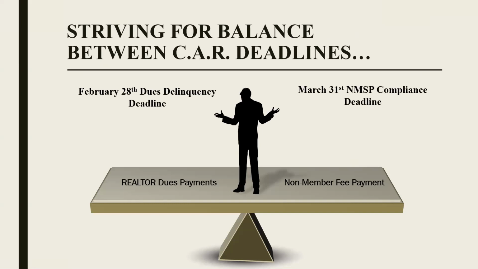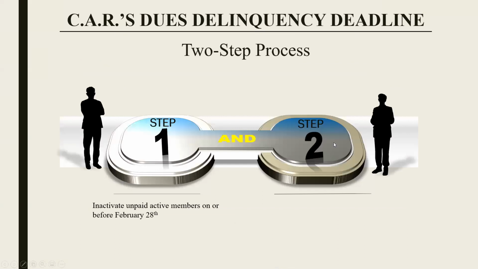The difference between the 2 deadlines is one is for realtor dues payments and the other is for non-member payments. And it can be difficult trying to talk about one deadline without talking about the other, right? But today we are going to be specifically focusing on the dues delinquency deadline.